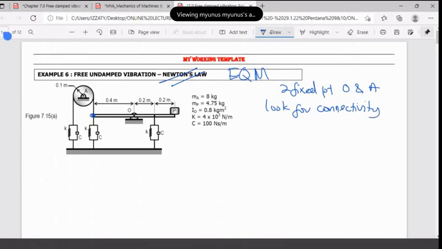So just put it A, you got O, you got P, put it M. So look for connectivity. Let M be the point of transfer. Then easy to work out, isn't it? Then you know that M will be the point of transfer. So you are going to transfer everything at M now.